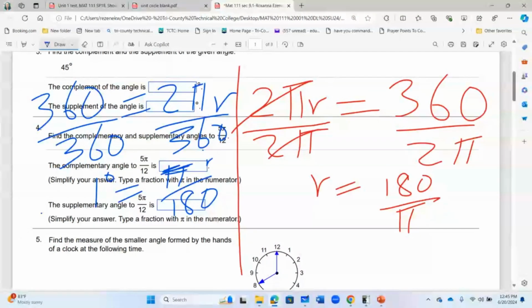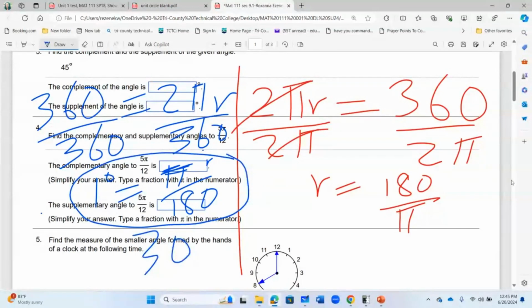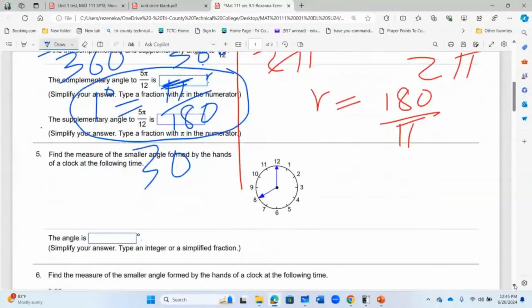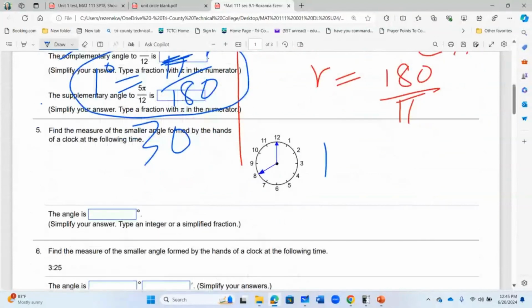What I'm trying to say is that if you can remember this, suppose I'm told to convert 30 degrees to radian, all I have to do is multiply 30 degrees. So I know that 1 degree is equal to pi over 180.